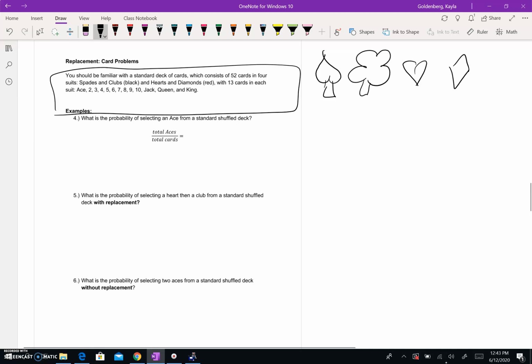And then there are 13 cards of each suit. So there are 13 cards, or a fourth of the cards, that are each type. And for each of them, you have an ace, 2, 3, 4, 5, all the way to a king. Okay, so there are 13 of each going through all the types.